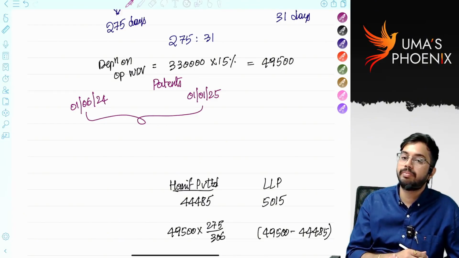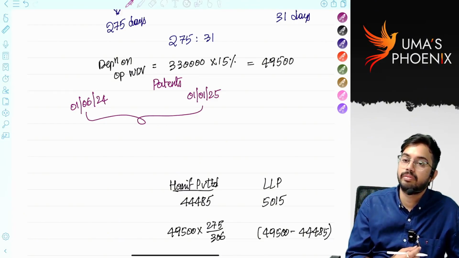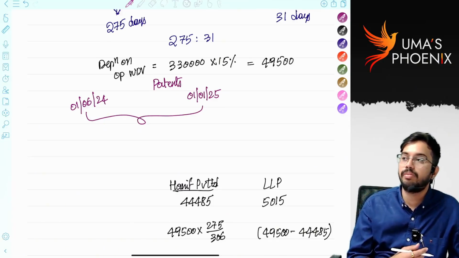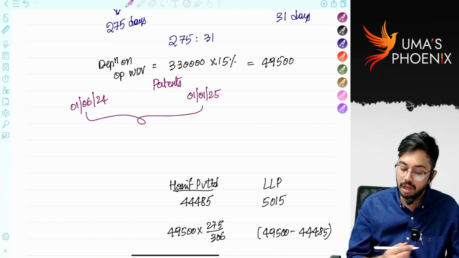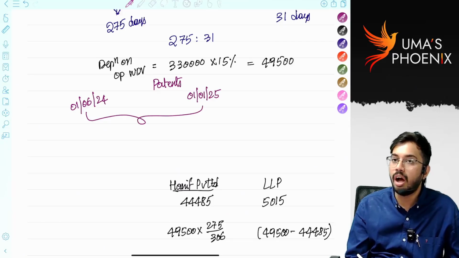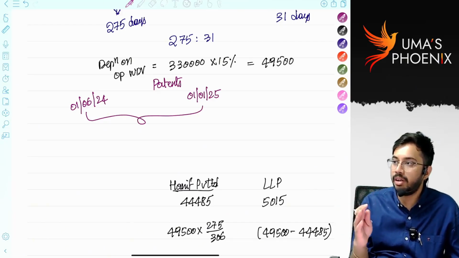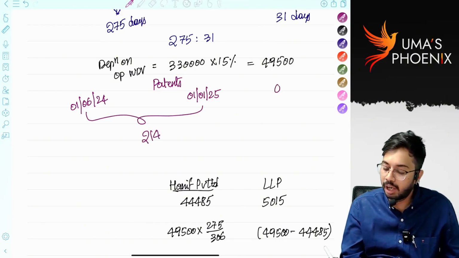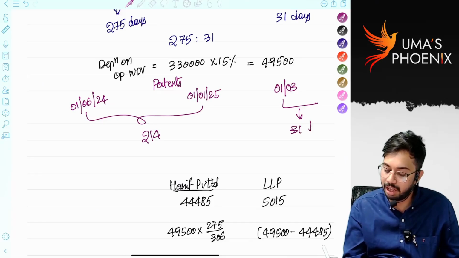Calculate. 214. Ignore 1st January, because that is the date of transfer. On 1st January it was not used. Up to 31st December you need to calculate 214 days, right? And they started using from 1st March. They used it for 31 days.